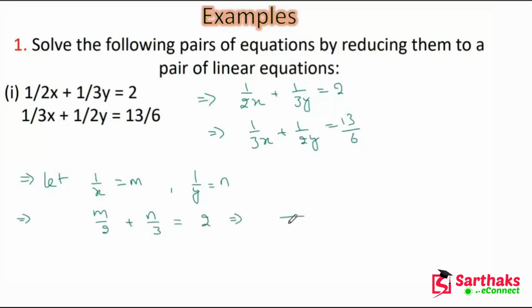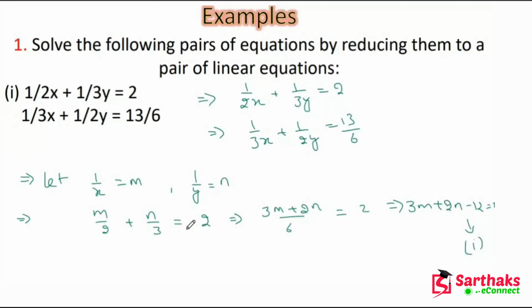If you take the LCM, this becomes 3m plus 2n equals 12, so we get 3m plus 2n minus 12 equals 0. This is our first equation.